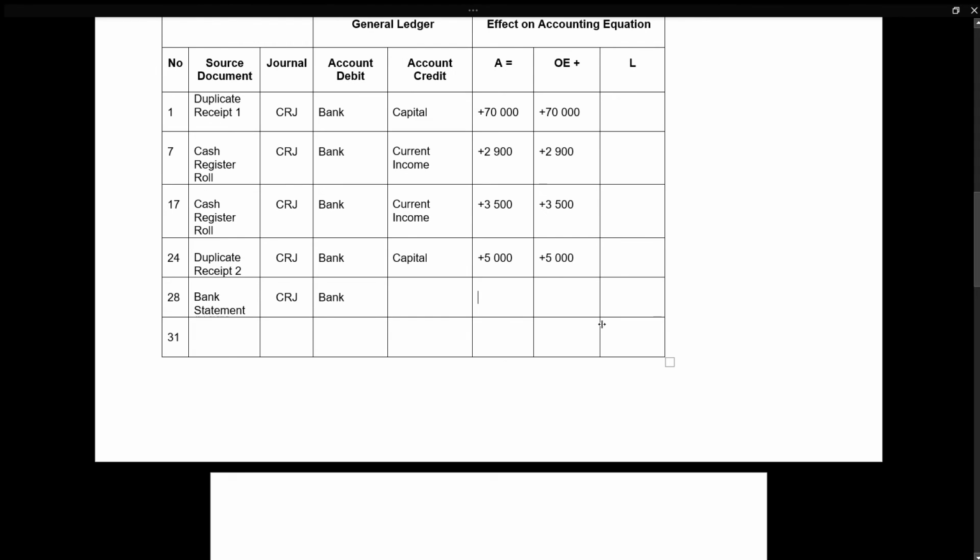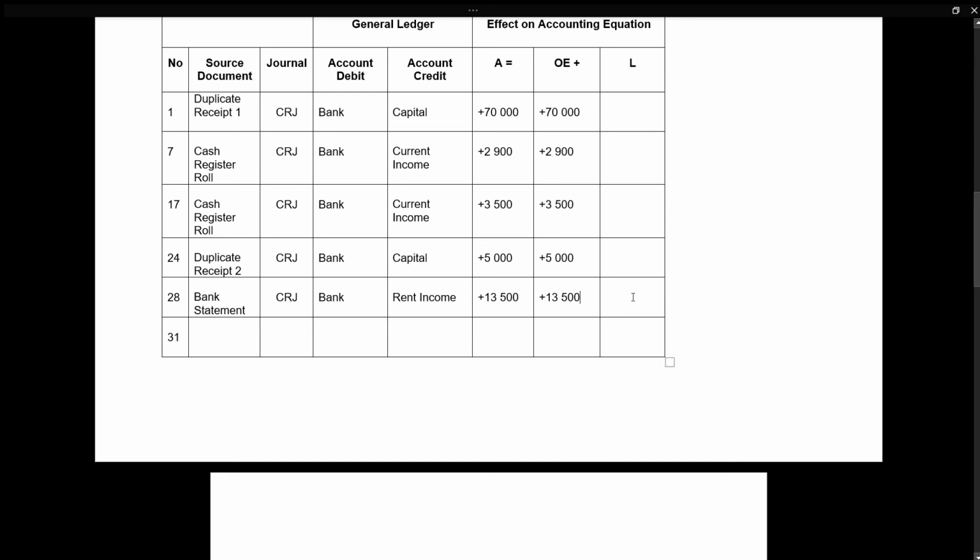Let's go and show the influence on my assets. 13,500 Rand increase. My account being credited will be my rent income account. It's an income account, and income will always have a positive influence on my owner's equity, and therefore my owner's equity will increase with 13,500 Rand.